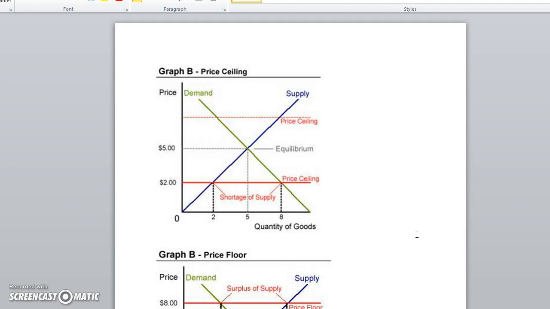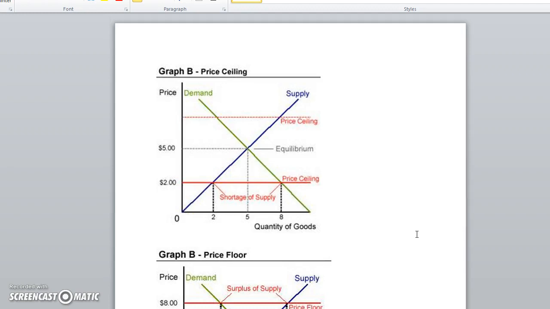So it is crazy expensive in New York if you live in the city. So that rent control, that price ceiling, could be set enough below the equilibrium that it's actually affordable for someone who isn't a stockbroker or a lawyer.